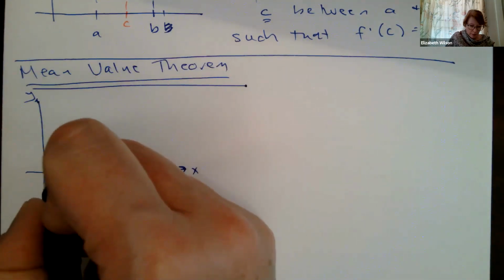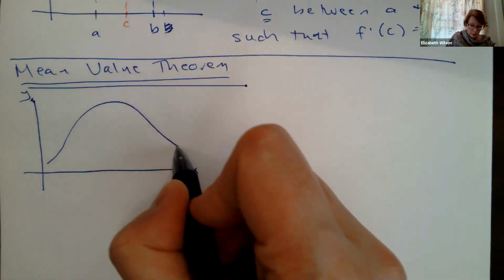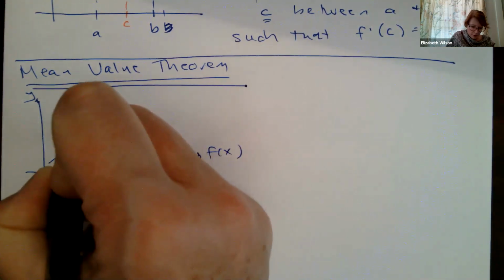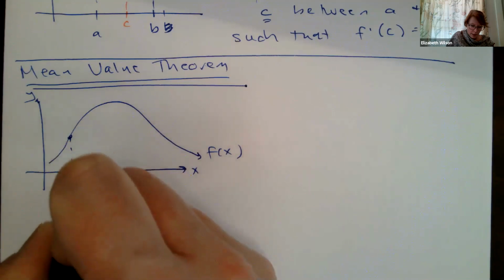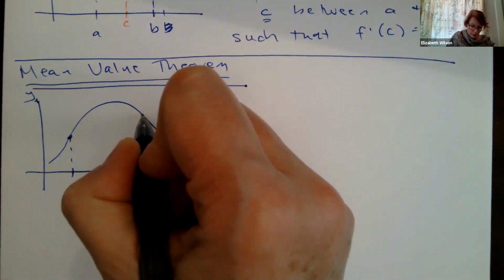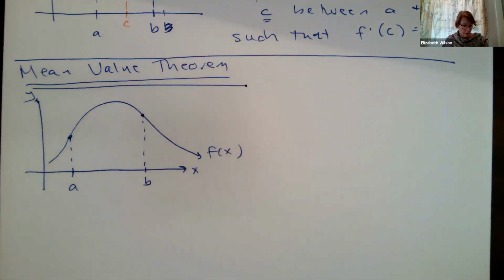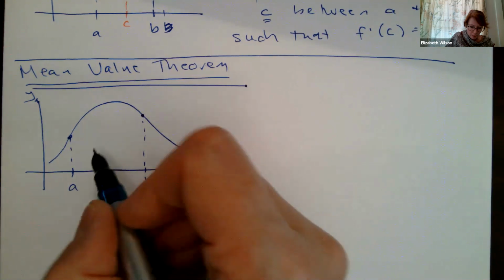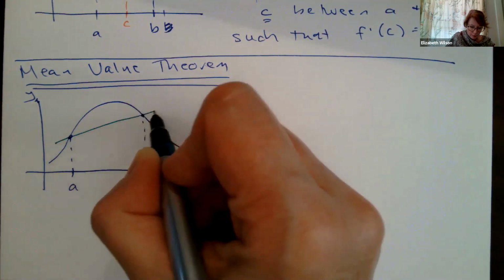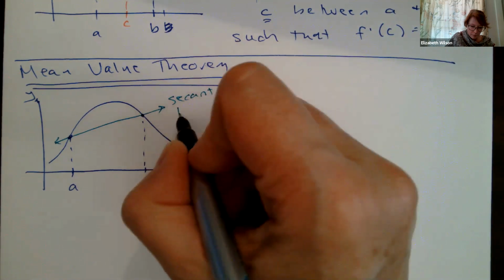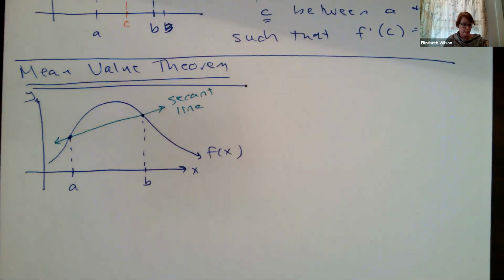And let's say I've got some function. It's doing something like this. Here's my function. Okay, so I have an interval. So here's my a. I'll try to make it exaggerated so that you can see. So I've got a secant line going between a and b, along my function.